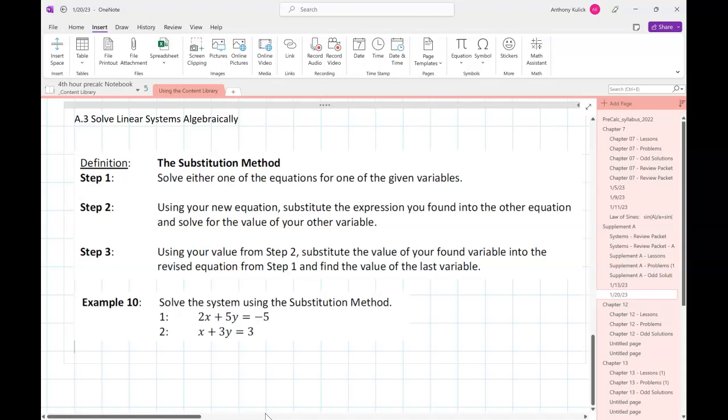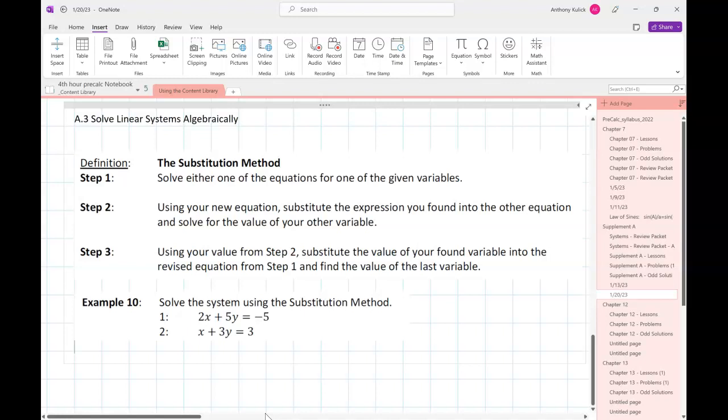I don't want to make any fractions, because that just complicates life. So I'm looking for which equation and which variable will allow me to isolate it without any division, or if I have to divide, I want the division to go in evenly so that I don't have any fractions. With that in mind, there's an obvious choice.